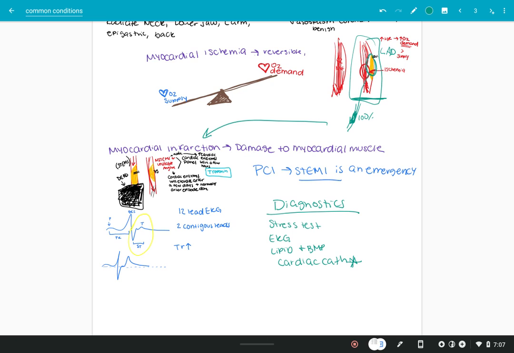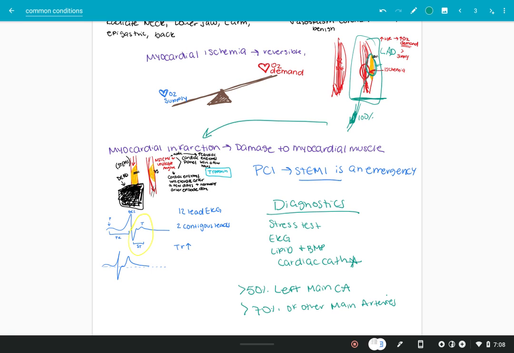If the stenosis or the plaque is greater than 50% in the left main coronary artery, or 70% of the other main arteries, like the LAD, the RCA, that kind of thing, that's what diagnoses CAD.